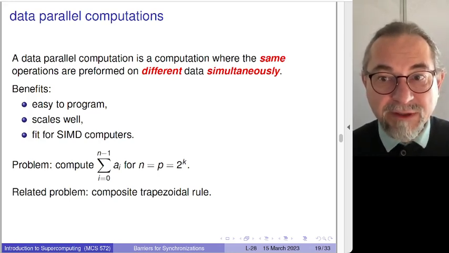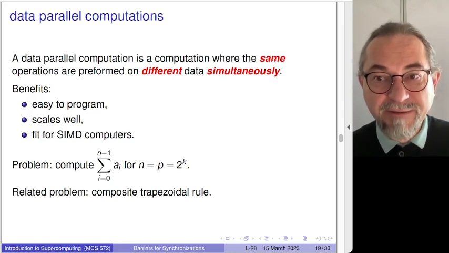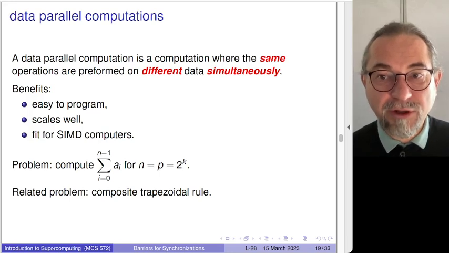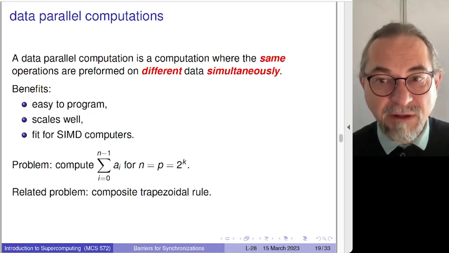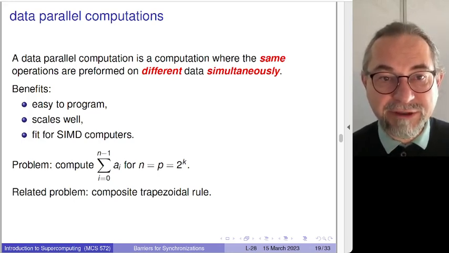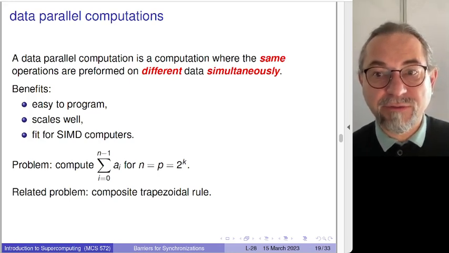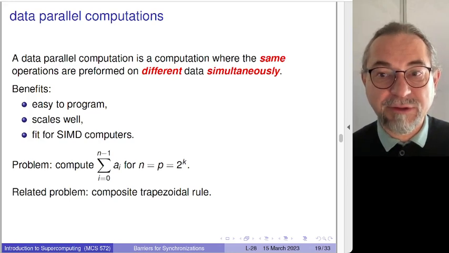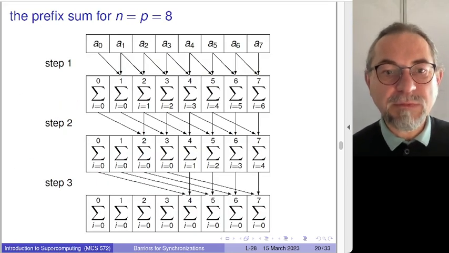The motivating computational problem is integration, where every process actually is responsible for executing a large number of function evaluations. And the prefix sum will do the synchronization and also the reduction. So this also fits within the category of reduction algorithms.